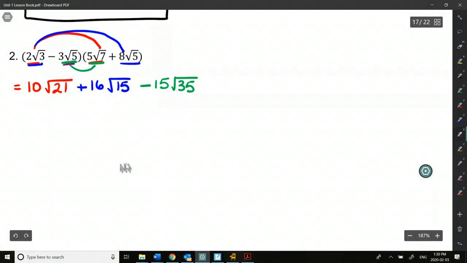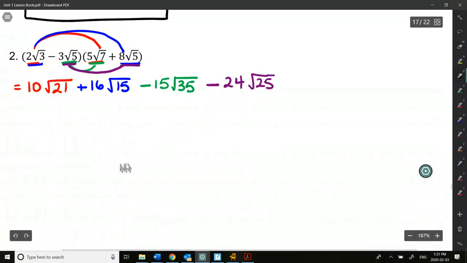And lasts. So here we have a negative times a positive. We're going to get another negative term. We'll do 3 times 8, which will give us 24. And root 5 times root 5, root 25, right?